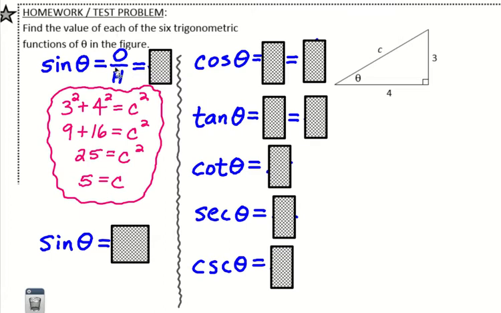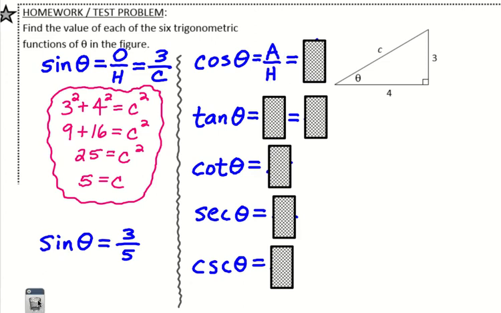But in context of the actual problem, we're finding the length of a hypotenuse, which of course cannot be negative 5. So, anyway, I had to say that. So c is 5. So that means that 3 over c just becomes 3 over 5. So final answer for sine would be opposite 3 over hypotenuse 5.